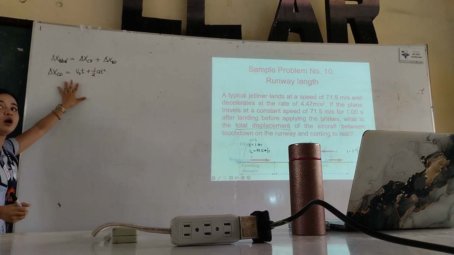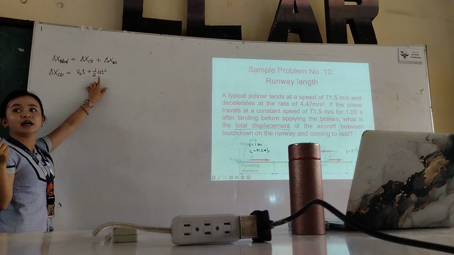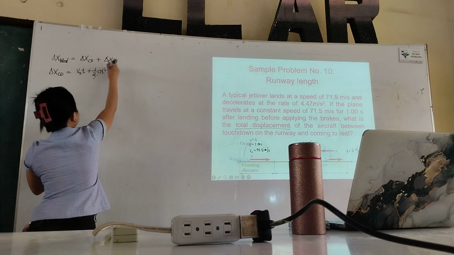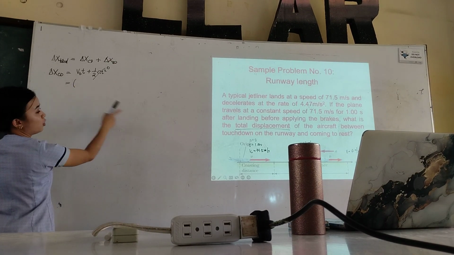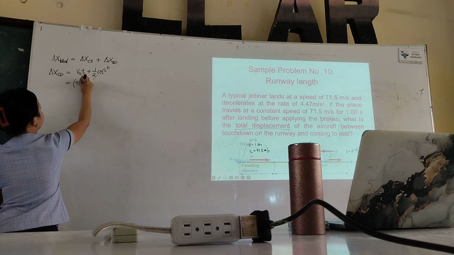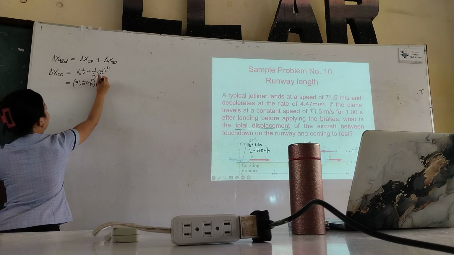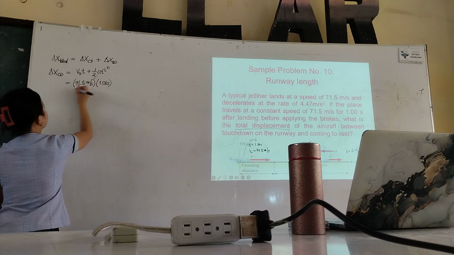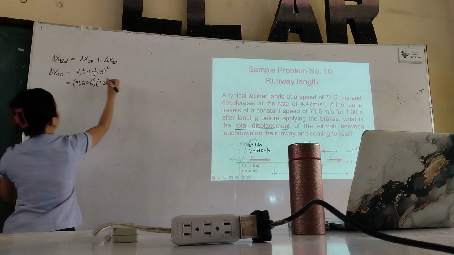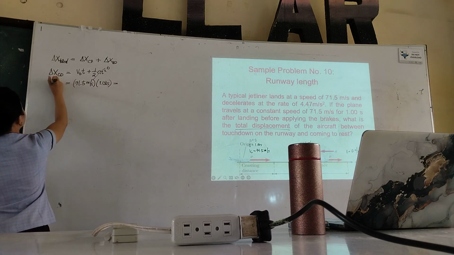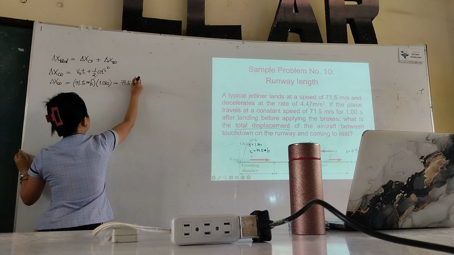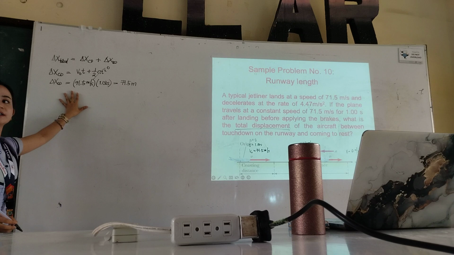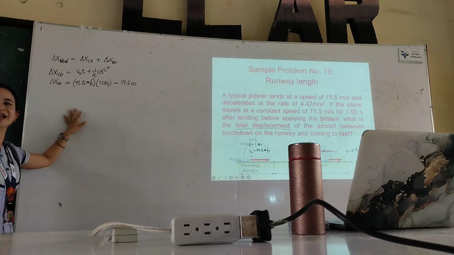But this one has no acceleration, so that term is automatically 0. What you have left is V sub O, 71.5, and 1 second. Therefore, your coasting distance will be equal to 71.5 meters.